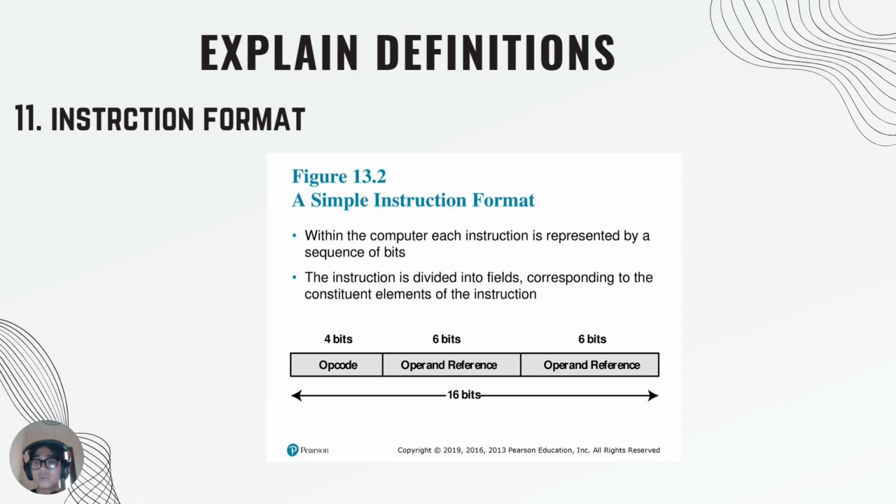Instruction format is the structure in which a computer instruction is organized and represented in memory or computer files. It typically consists of two components, the opcode and the address or operands field. The number of bits allocated to each part of the instruction format can vary based on the specific computer architecture.